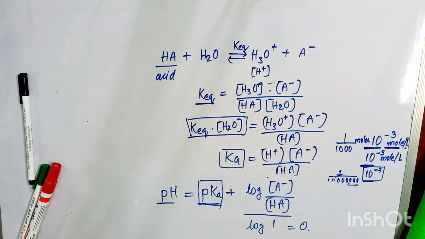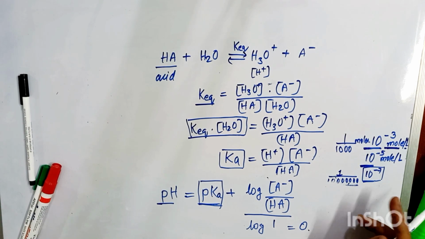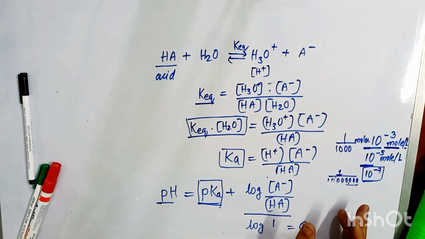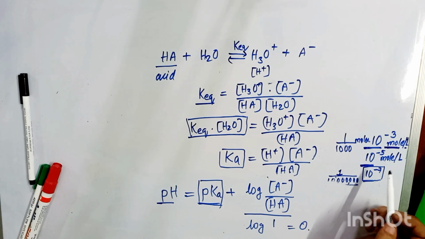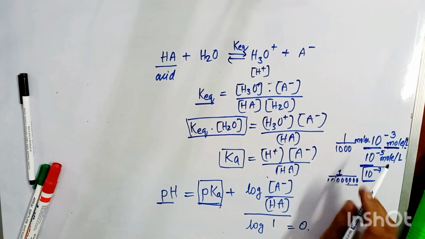Why? Say the pKa is very high for an acid, say it is around 10 to the power minus 3. Then at pH 3 it is 50-50 dissociated.